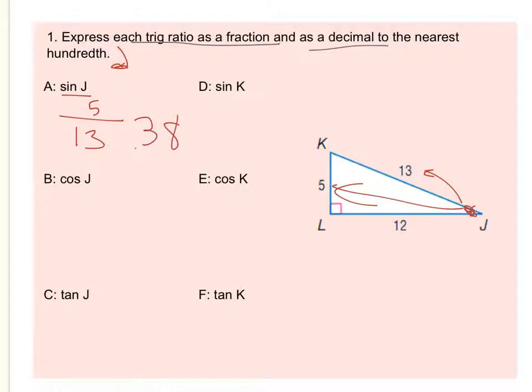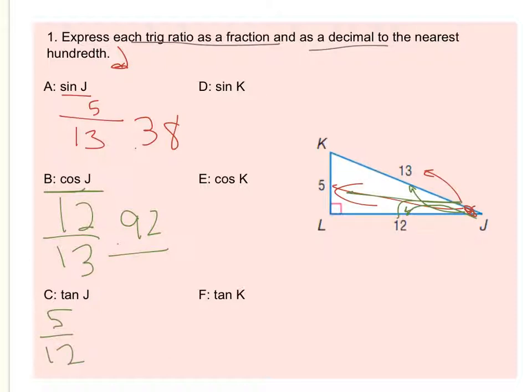Cosine of J is adjacent, so next to, and hypotenuse. So that's going to be 12 over 13. So that's going to be 0.92. Tangent of J is going to be opposite over adjacent. So 5 over 12. So that's going to be 0.42, rounded.